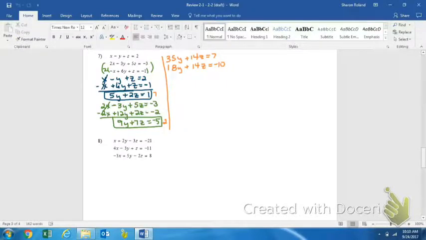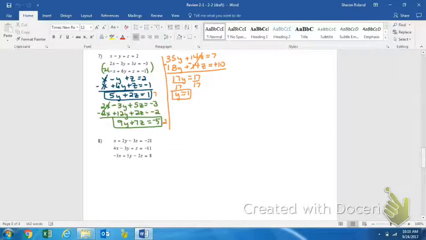Okay, the 14s are one positive and one negative, so this time I'm going to subtract, and when you subtract, you have to subtract the entire equation, which changes every single sign. So you combine 35 and 18, or you subtract, and you have 17y. The z's go away, and it equals 17. Divide both sides by 17, and y equals 1.